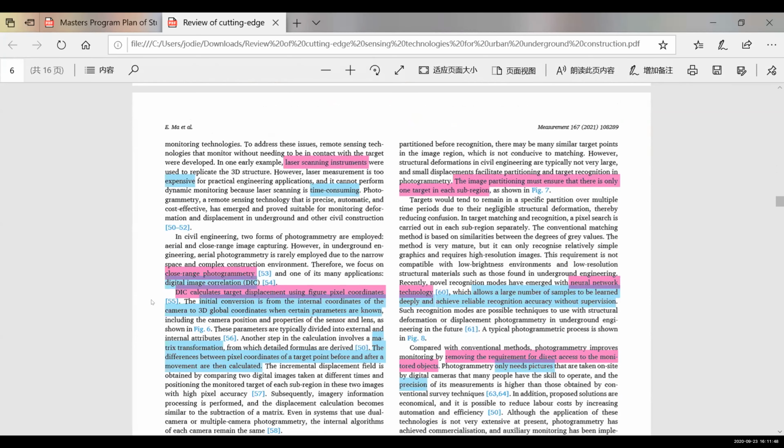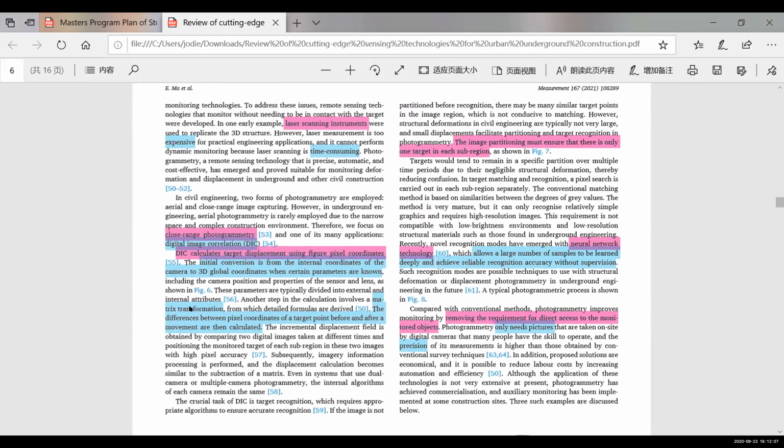So the researchers focused more on close-range photogrammetry, and one of its applications is digital image correlation, the DIC. The DIC calculates target displacement using pixel coordinates.